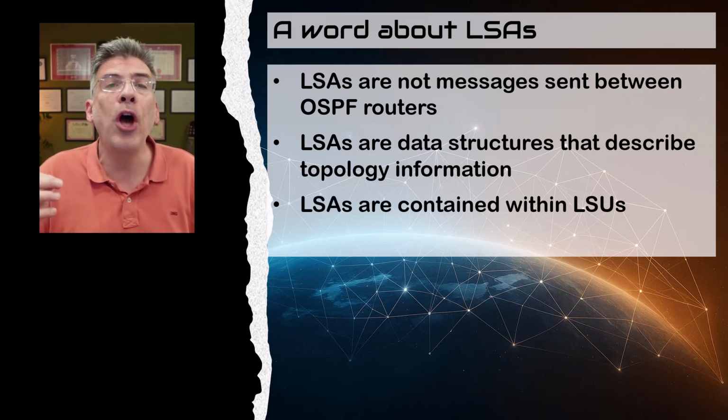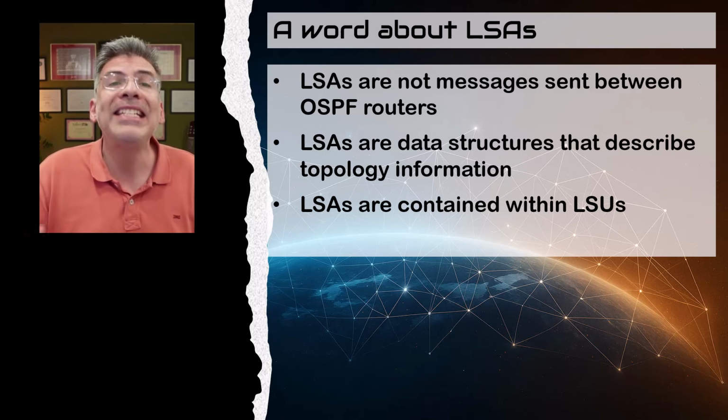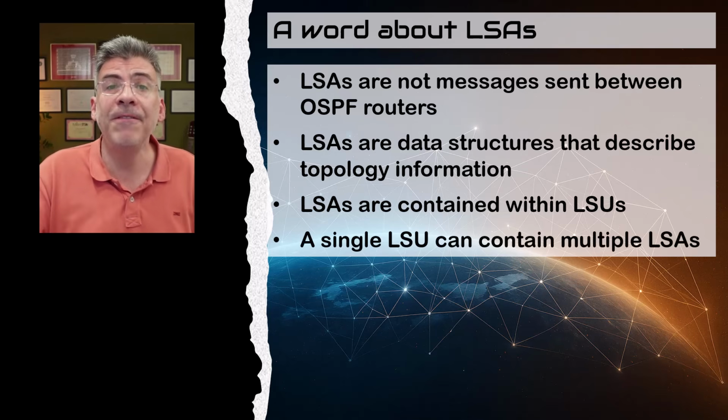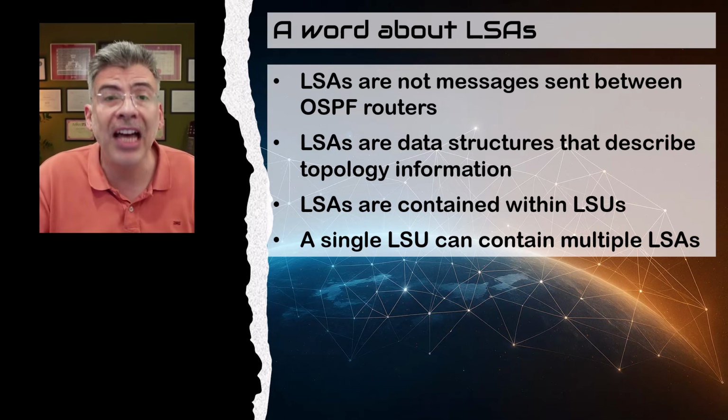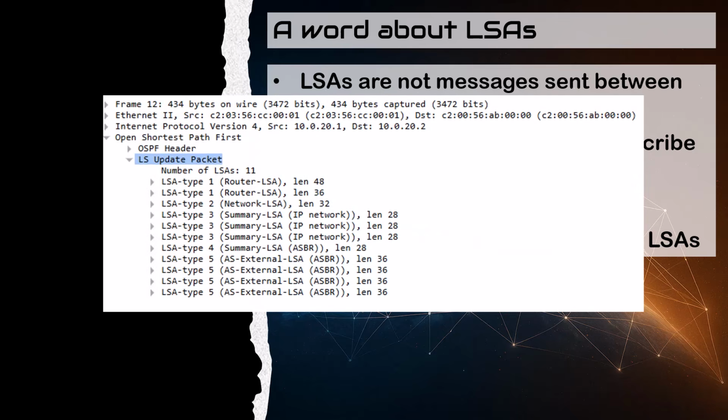LSUs are the actual OSPF protocol messages that are exchanged between routers to carry LSAs. In fact, a single LSU can contain multiple LSAs, which allows OSPF to efficiently flood updated topology information throughout the network. For example, take a look at this packet capture of an OSPF LSU. It contains 11 LSAs of various types, and each LSA contains very specific information as described before.